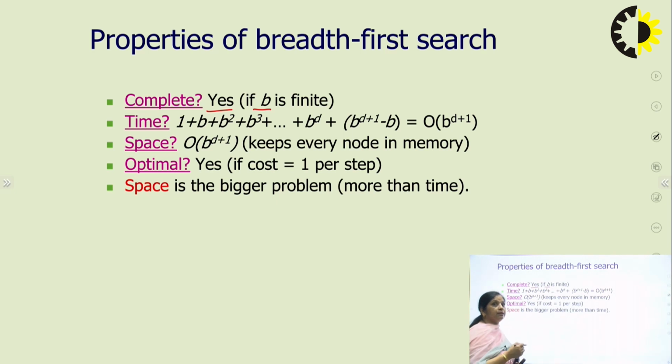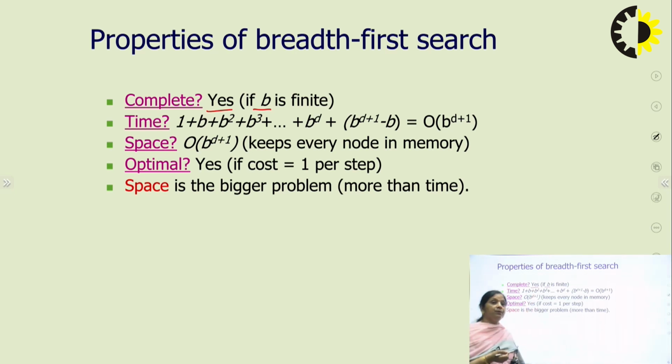So we say it is complete because it will check each level. It will start from the root node, then it will check its neighbors, then neighbors, successors, successors, and so on. So it is not missing anything. At every node it is checking all the nodes and doing the goal test. Okay, so it is complete.